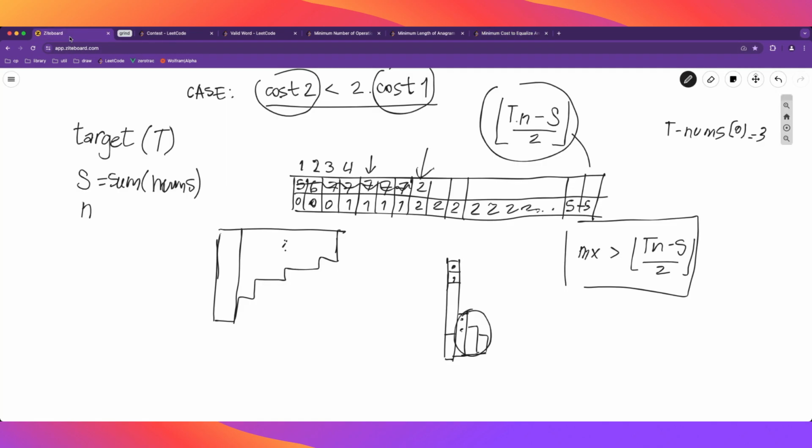Okay, so let's see how we can figure out when the target will be big enough so that we got to the second example, right?